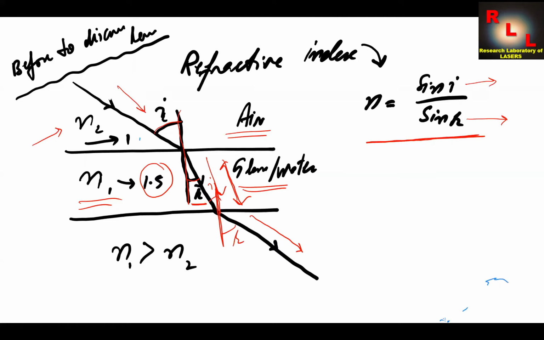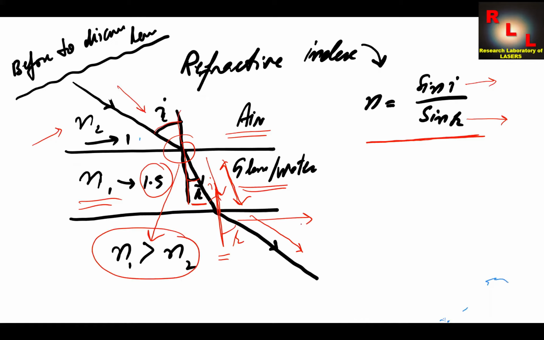The refracted ray is going away from the normal. It's because the refractive index of the glass is more than the refractive index of the air. That is why light is bending towards the normal in the first case.